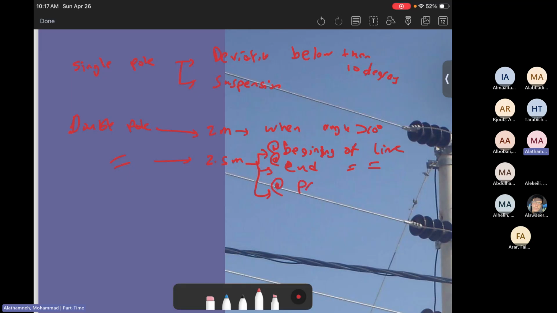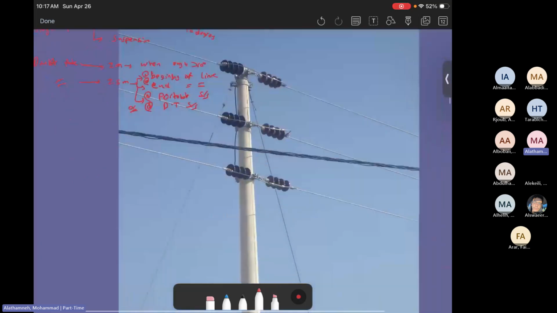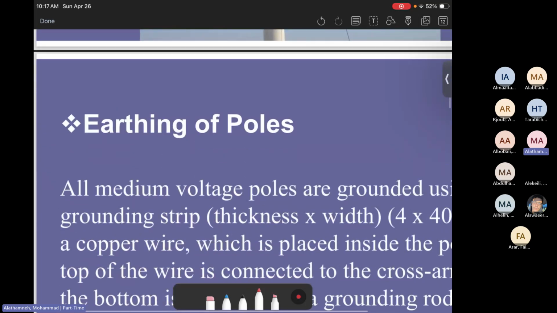We call it a portable substation, or in other words, a distribution transformer substation, which is a small substation where we have the distribution transformer. These are the cases of the poles.